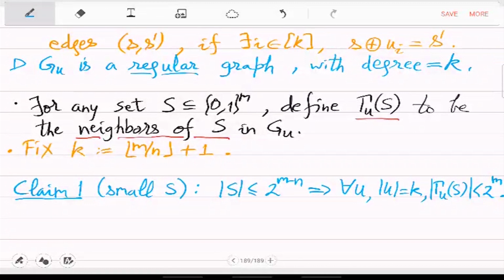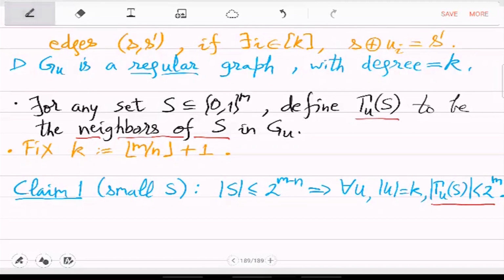No matter how you pick k points in the set U, the neighbors of a small set cannot be everything, right? The number of vertices is 2 raised to m, it cannot be everything. Some vertex will always be outside the neighborhood.